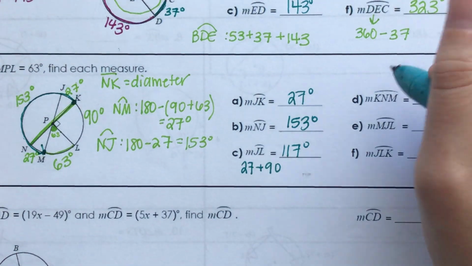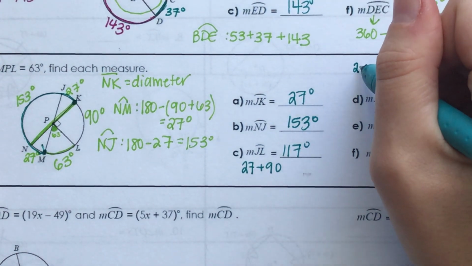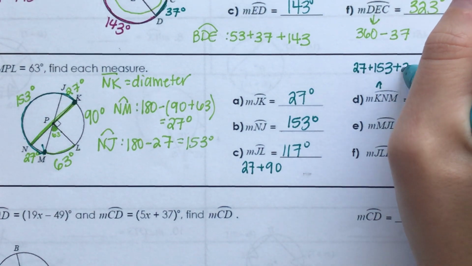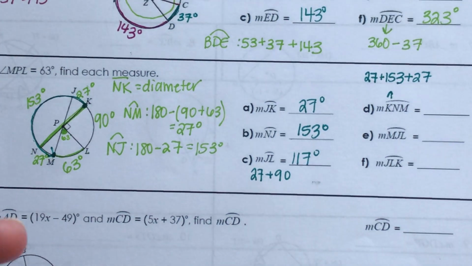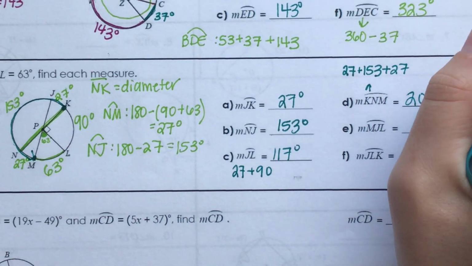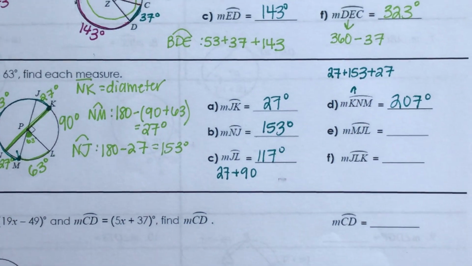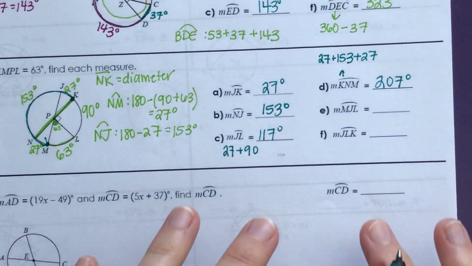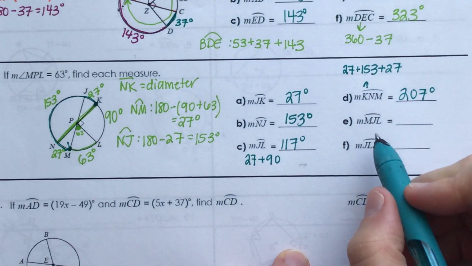So I'm going to add 27 plus 153 plus 27. I already know that one of those is 180, and 180 plus 27 is 207 degrees.